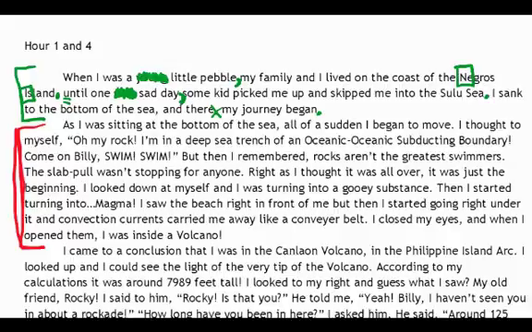I'm not going to count periods. I'm just going to read it this time. As I was sitting at the bottom of the sea, comma, very good, all of a sudden I began to move. I thought to myself, oh my rock, I'm in a deep sea trench of an oceanic subducting boundary. "Come on, Billy, swim, swim."